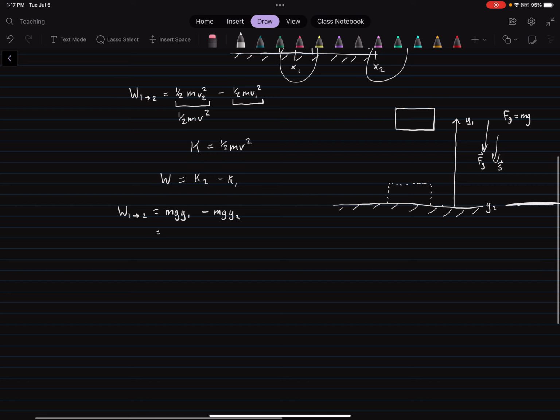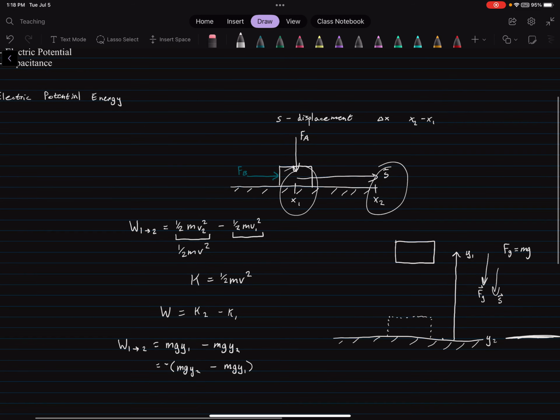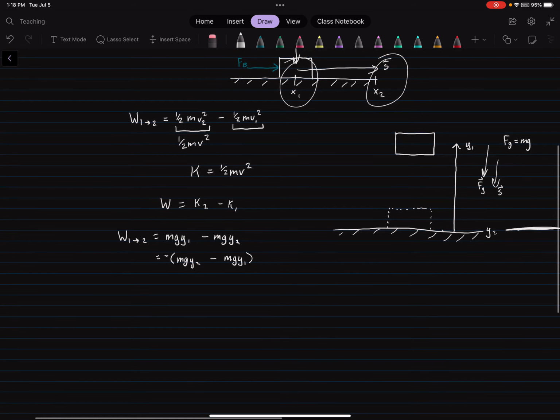So you could equivalently write negative mgy2 minus mgy1. Maybe that makes more sense to your brain. You just kind of got to flip it because we're measuring displacement from the ground, which is not its starting position. Up here, you could say its starting position is where the box starts. Not the case for this one.